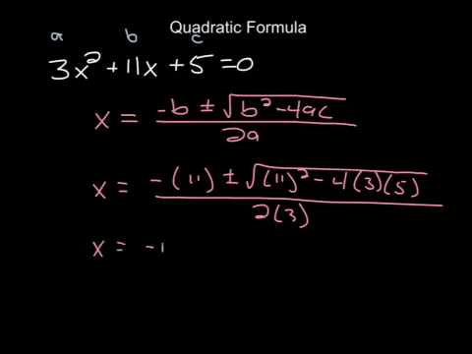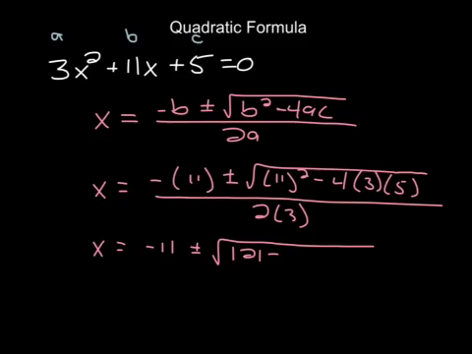This simplifies to negative 11 plus or minus the square root of 11 squared, which is 121, minus 4 times 3 times 5. If you're multiplying two or more numbers, you can multiply in any order. I'm going to multiply the 4 times 5 and get 20.